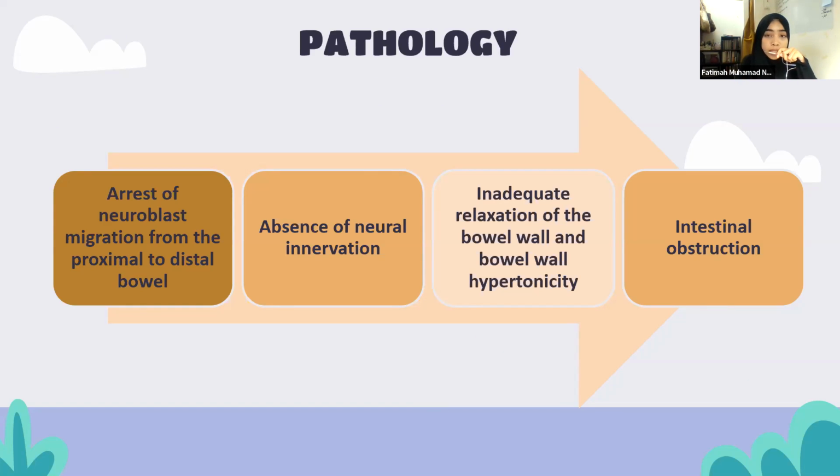When there is an absence of neural innervation, there will be inadequate relaxation of the bowel wall, resulting in bowel wall hypertonicity, and this can further lead to intestinal obstruction. Usually the aganglionic segment is mostly confined to the rectosigmoid. However, it can also be proximal to the sigmoid in a minority of cases. Okay, next.